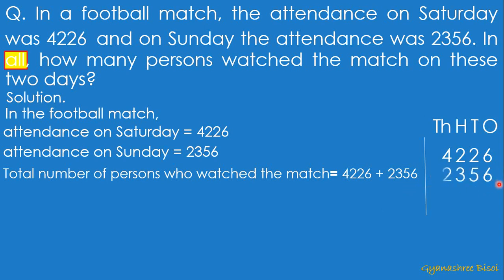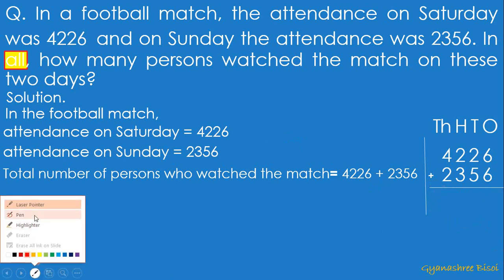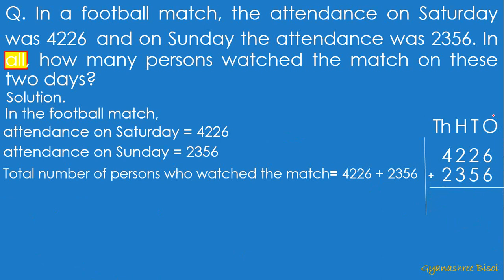So the digits have to be placed at its place, according to its places. As the clue word shows that we need to perform addition, we will put plus sign, then we will draw a line. Then we will add. We know that addition, we will start addition from ones place, right?